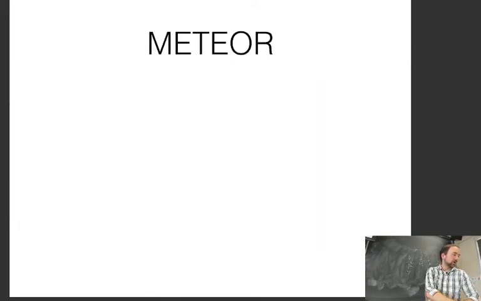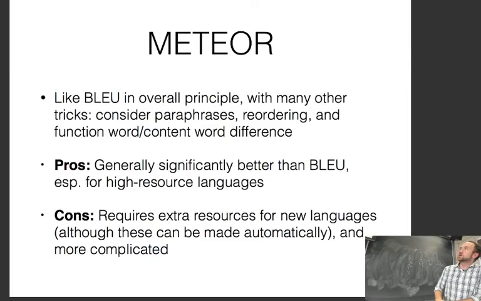Another one that is very widely used nowadays, it's kind of the de facto standard for image captioning, and it's also widely used in translation and stuff, is METEOR. It's like BLEU in overall principle, but it has many other tricks like considering paraphrases, reordering, function word versus content words, etc. And it's generally significantly better than BLEU, especially for languages where we have lots of resources like English.